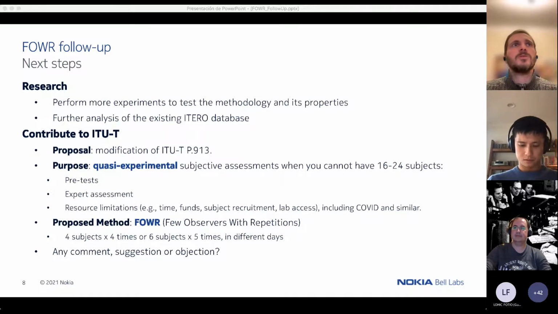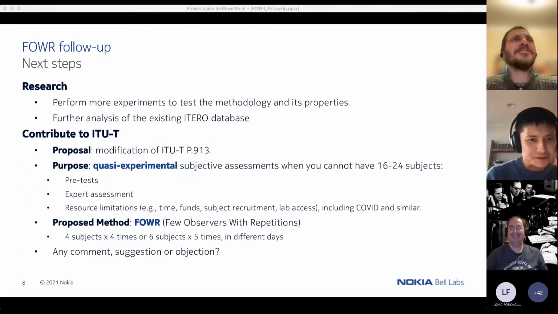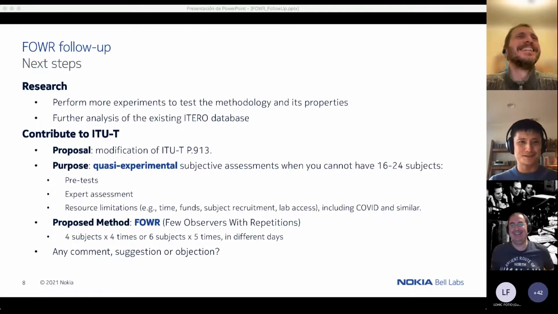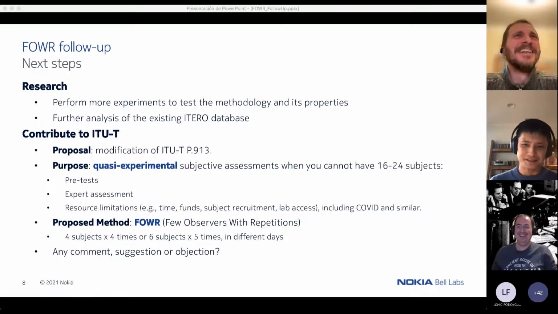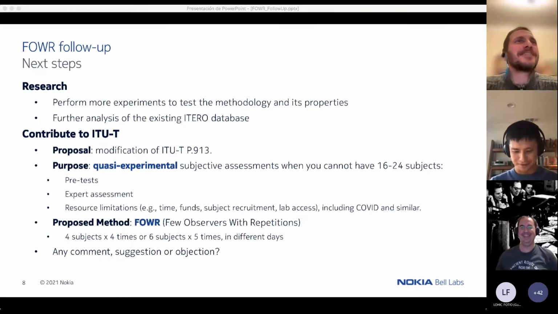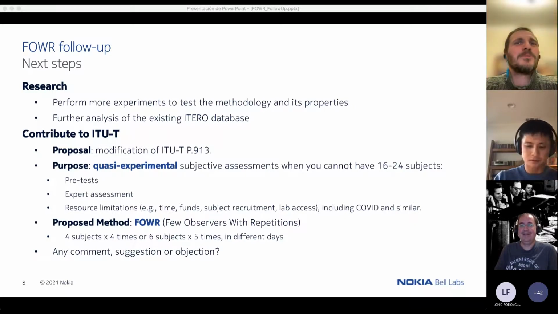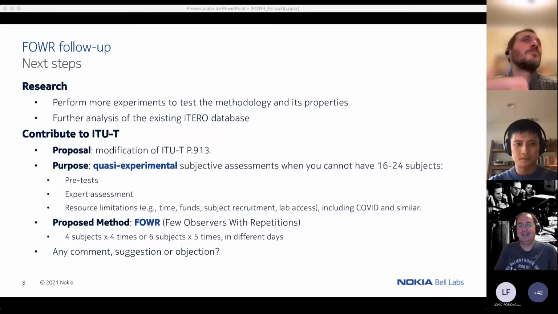So if you have any resources for that, it means you have some friends in the lab, and you don't like them so much that you can force them to repeat the same experiment like 6 times, then please let us know. We would be very happy to try to do the repetition and then some comparison.